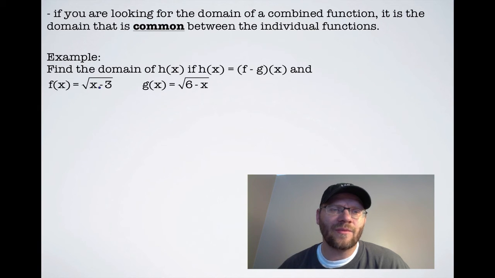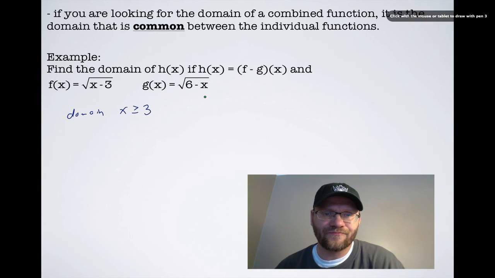So thinking about our domains for this function, well, this first function, we can never take the square root of a negative number. So every number that we plug into this function will have to be 3 or greater. So the domain here is that x has to be greater than or equal to 3. If we plug in anything less than 3, like a 2, we get a negative number. We can't have that. But we can take the square root of 0, so it can be equal to 3.